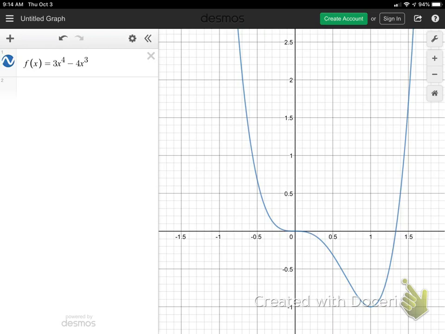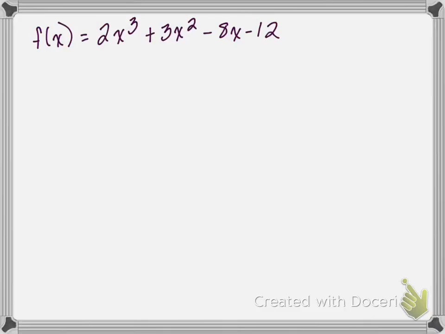So I'm looking at the end behavior, the shape, and what happens at x. I am going to give you one to try on your own. I'm going to give you 3 minutes to do this, and I'm going to step out and run to the restroom.